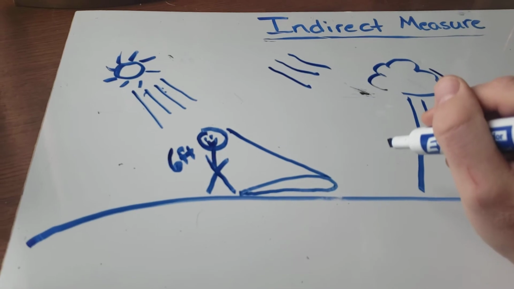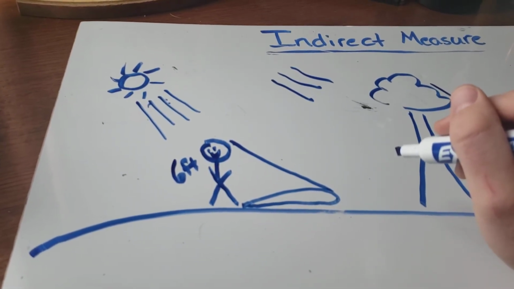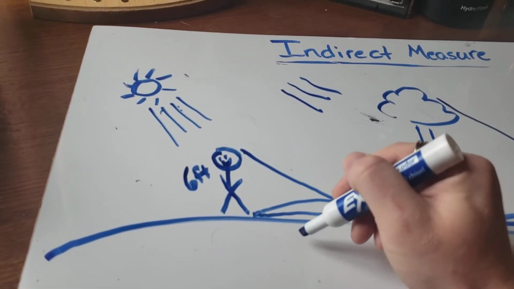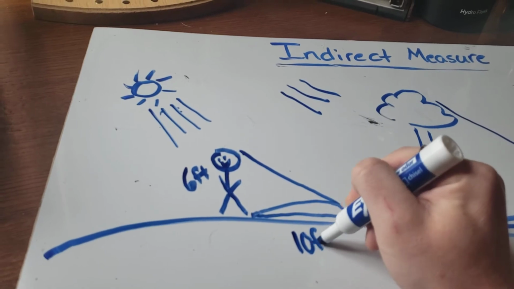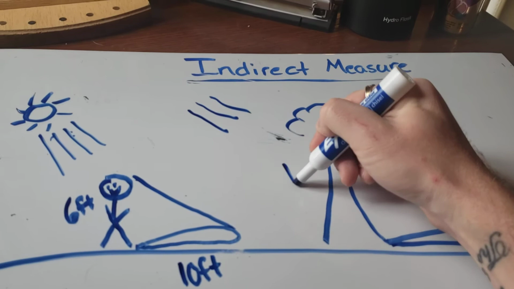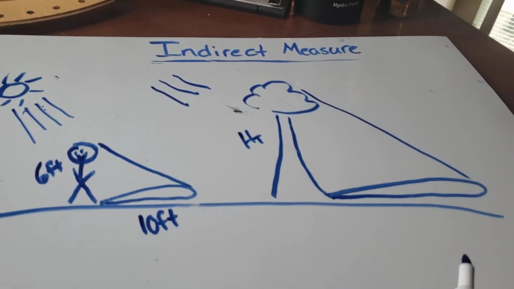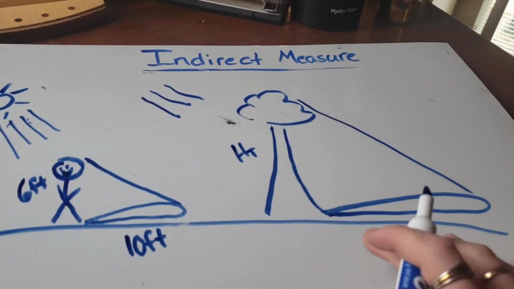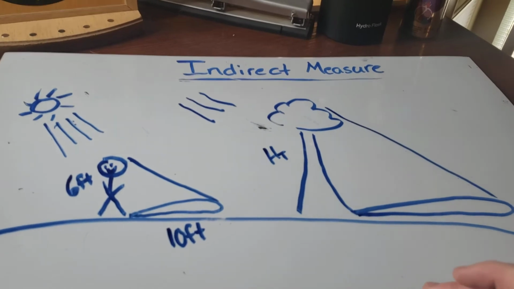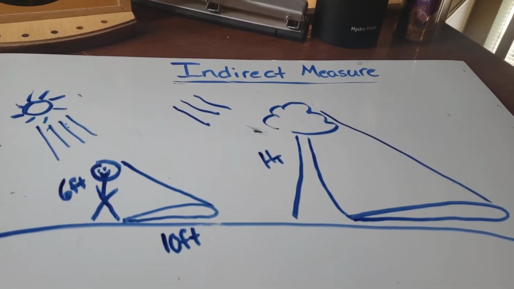Let's say I go outside and I measure my shadow, and my shadow is approximately 10 feet in length. In order to indirectly solve for the height of the tree, all we would need to do is measure the length of the tree's shadow. We would then have enough information to set up a proportion and indirectly measure the height of the tree.